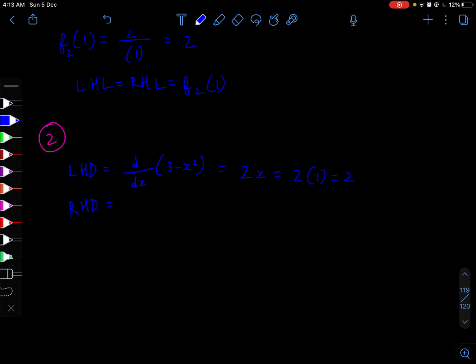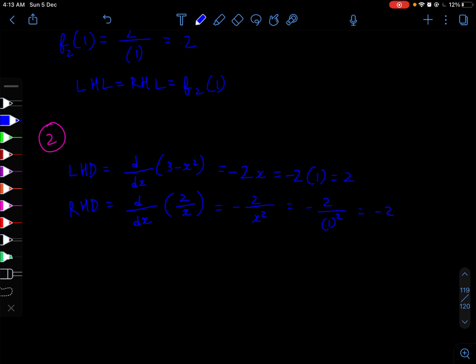The right hand derivative is equal to the differential of 2 divided by x with respect to x, which equals minus 2 divided by x squared, and when we substitute 1, we get 2 divided by 1 squared, which is equal to, wait, what?